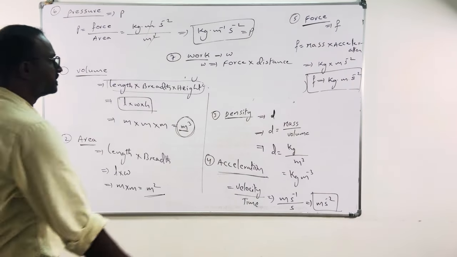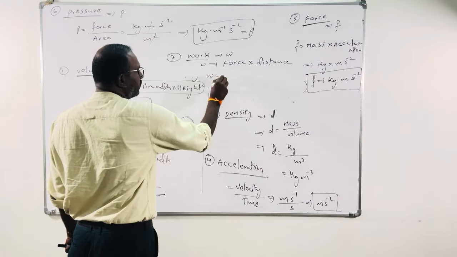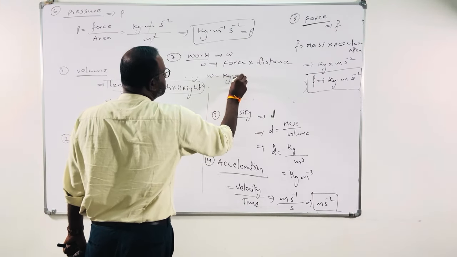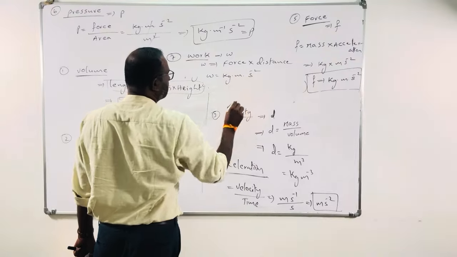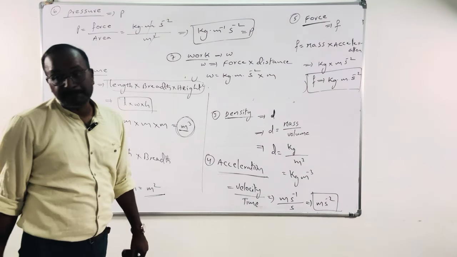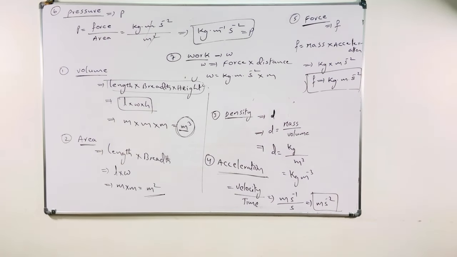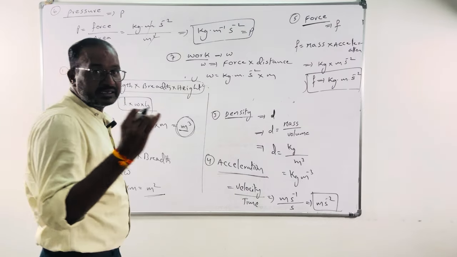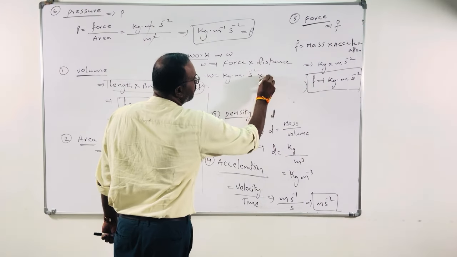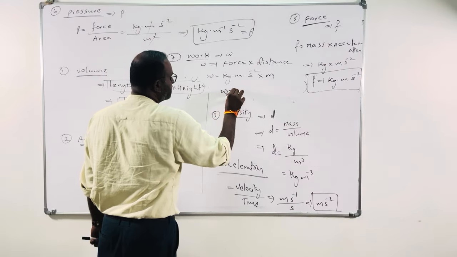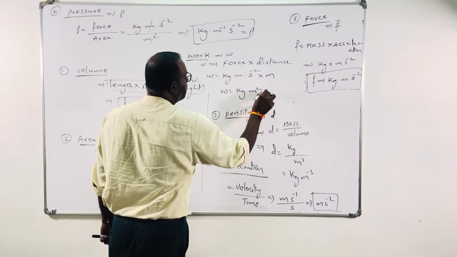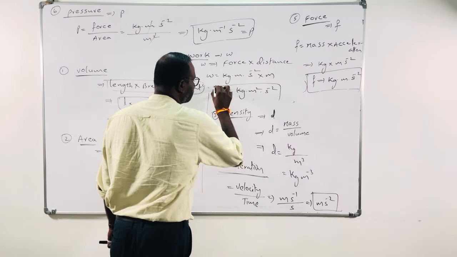Force units are kilograms meter per second square, and distance in SI units is meter. So meter becomes meter square. Then work units are kilograms meter square per second square.